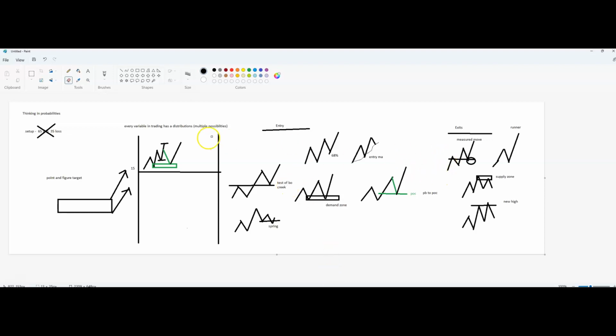Anyway, so this is thinking in probabilities for entry, understanding that you have various degrees, various classifications of entry at different levels, different categories at MA, at 68.